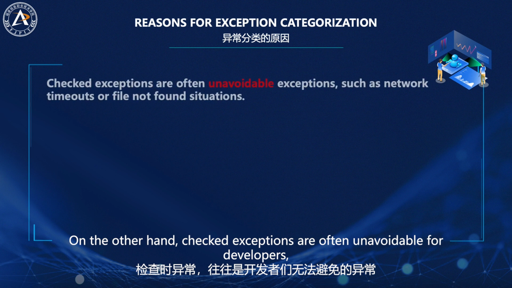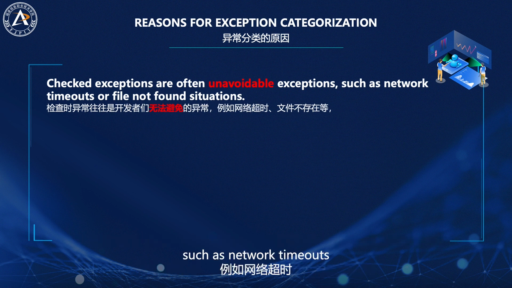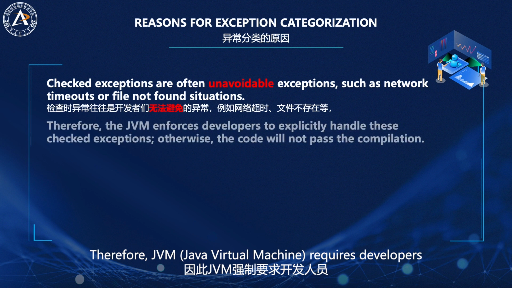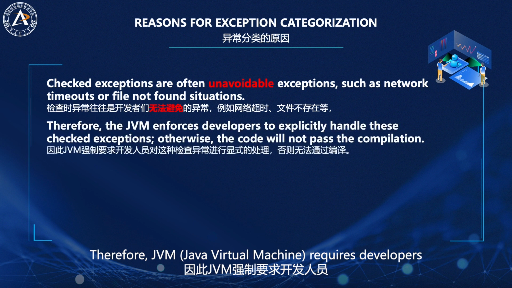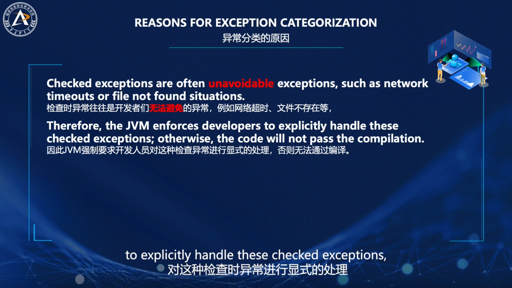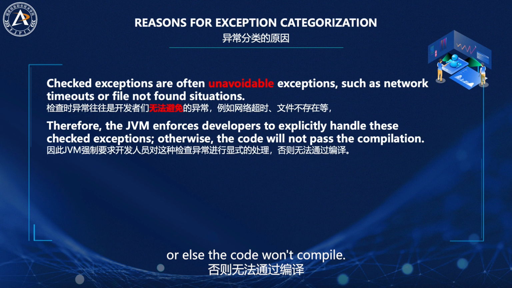On the other hand, checked exceptions are often unavoidable for developers, such as network timeouts or file not found situations. Therefore, the JVM, Java Virtual Machine, requires developers to explicitly handle these checked exceptions, or else the code won't compile.